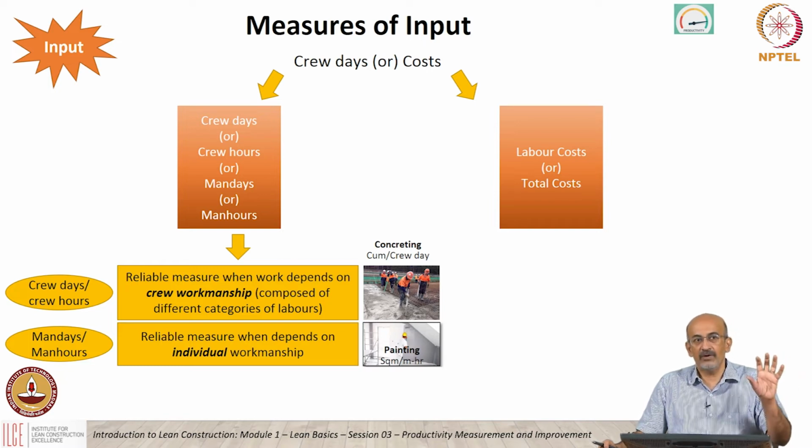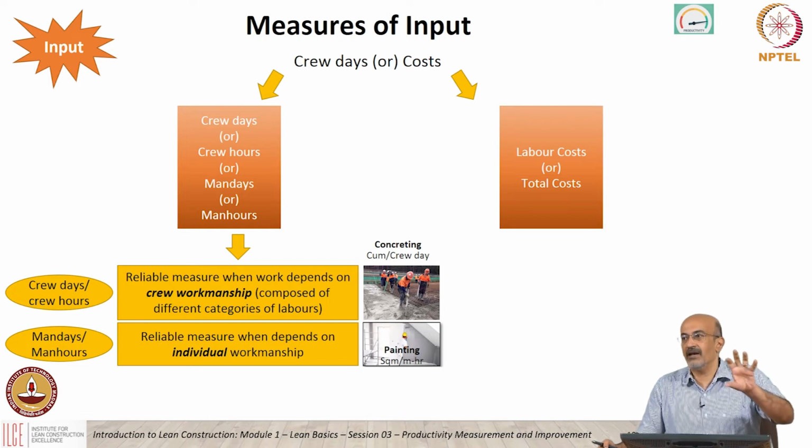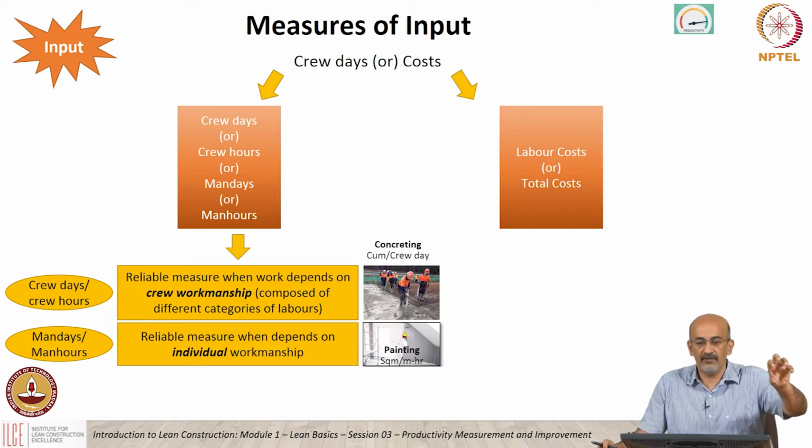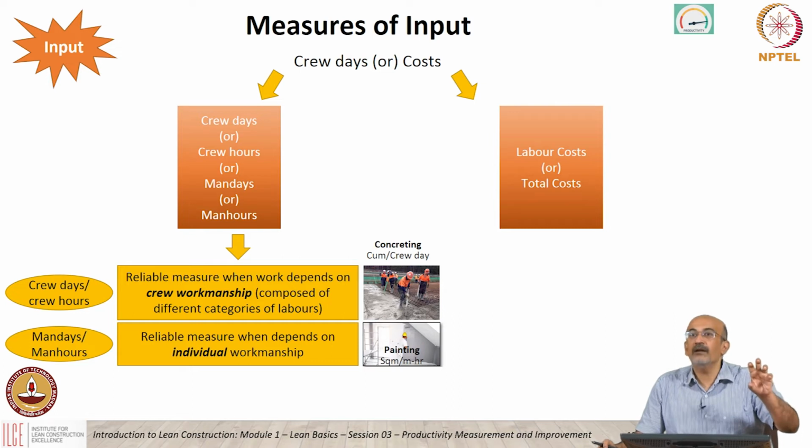If I'm taking crew day, then I've aggregated all the people into one crew, and I'm considering at a crew level. That means there could be variation, there could be a helper, there could be a skilled person, there could be difference in the way it works. So if I use man day calculation for a very heterogeneous crew, you will have problems with the way it's being measured.